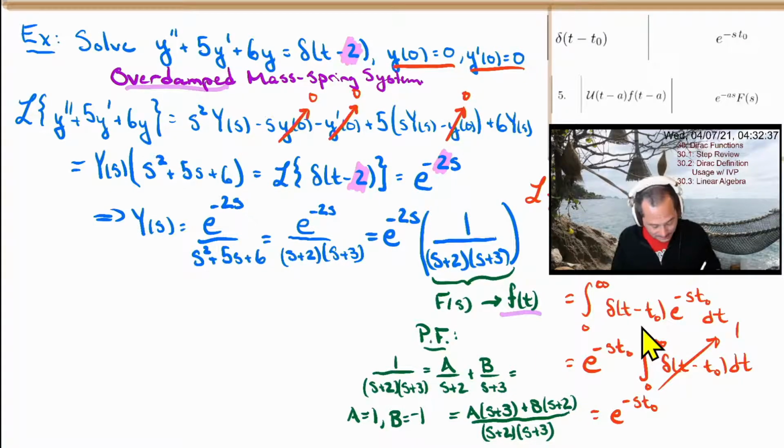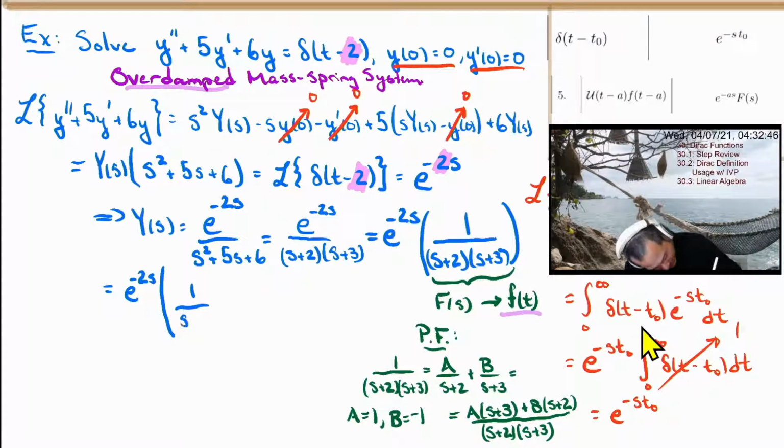So I know my a's and b's, and so y of s is e to the negative 2s times 1 over s plus 2 minus 1 over s plus 3.